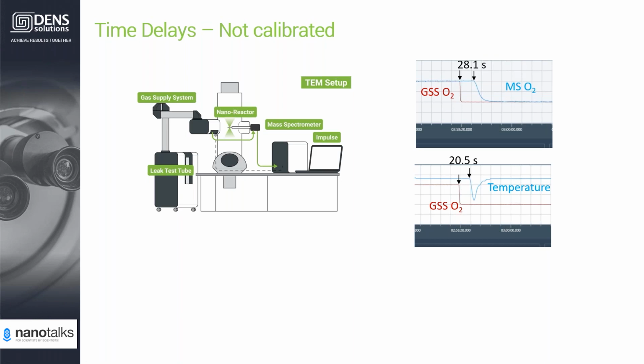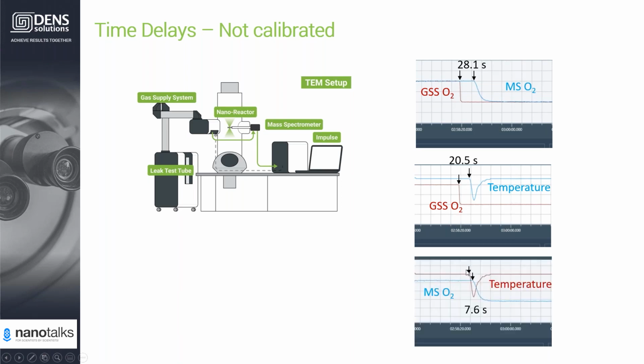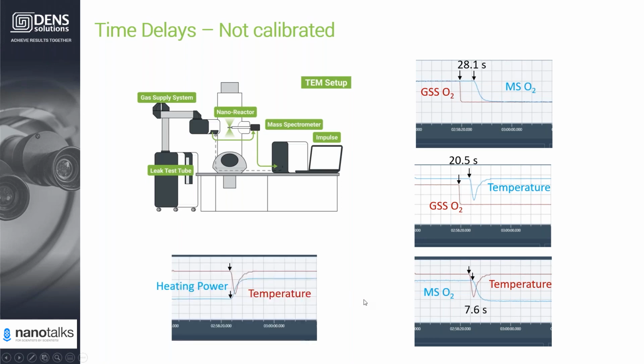If you do this correlation with your imaging and spectral analysis, this is also the time range you will need to wait to see differences. We also compared what happens inside the TEM with the mass spectrometer, and there is about a 7 to 8 second delay. Of course, because the temperature and heating power are both located inside the nanoreactor at the same position, there's no time delay between these two parameters.